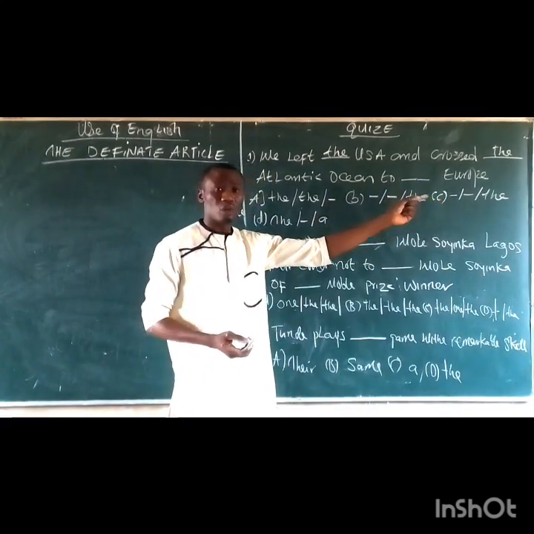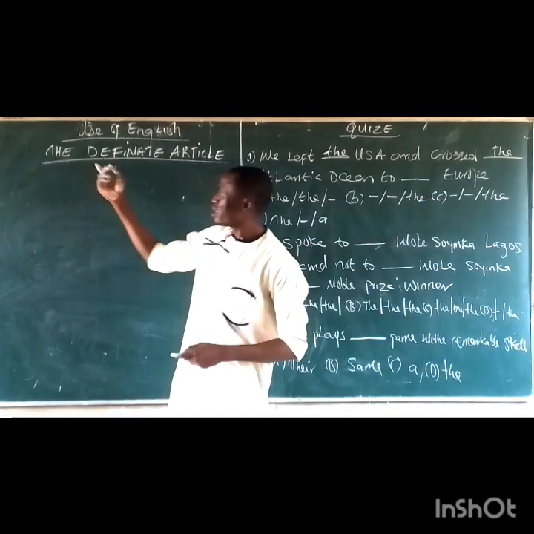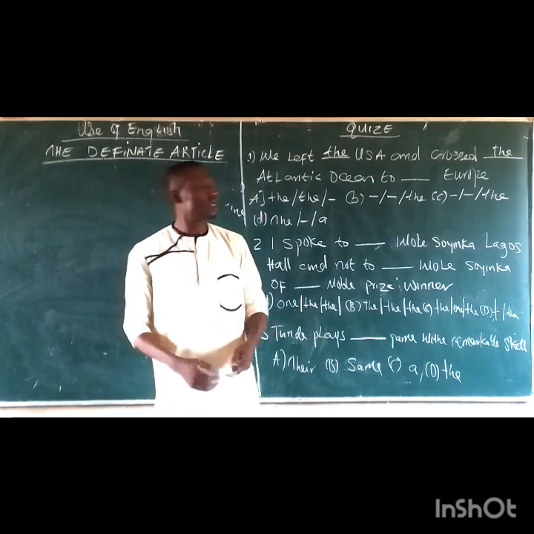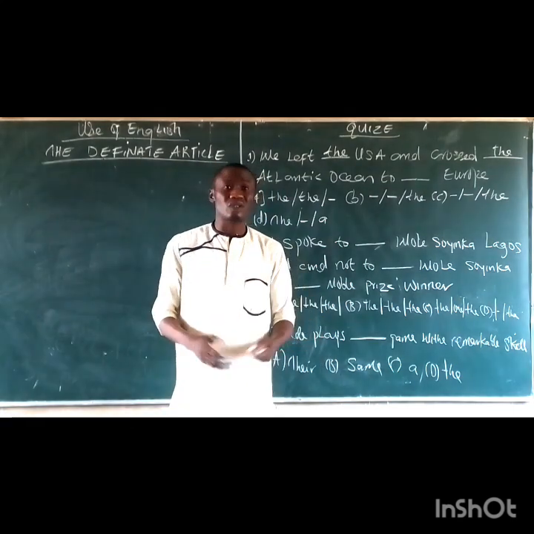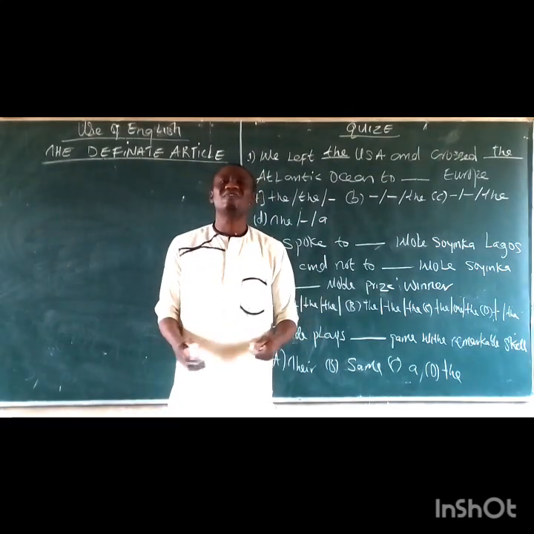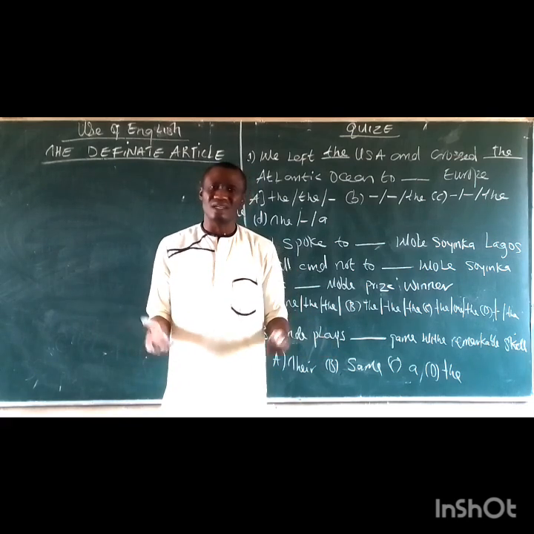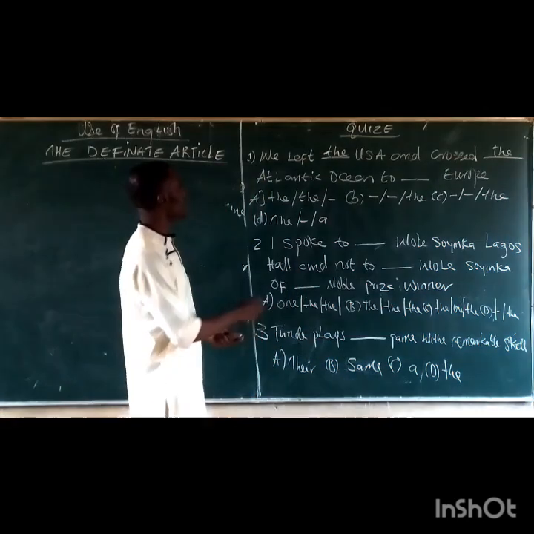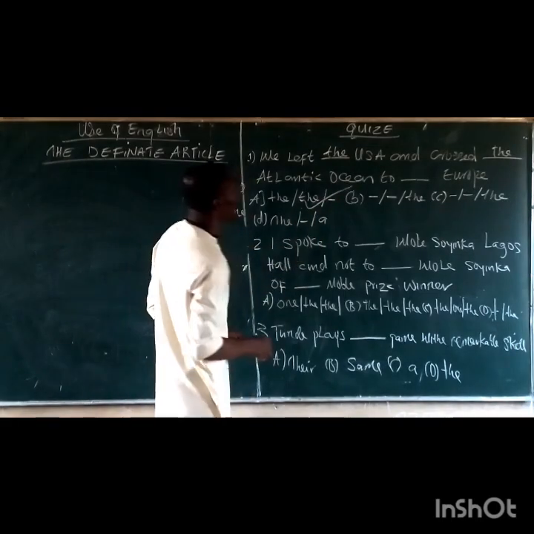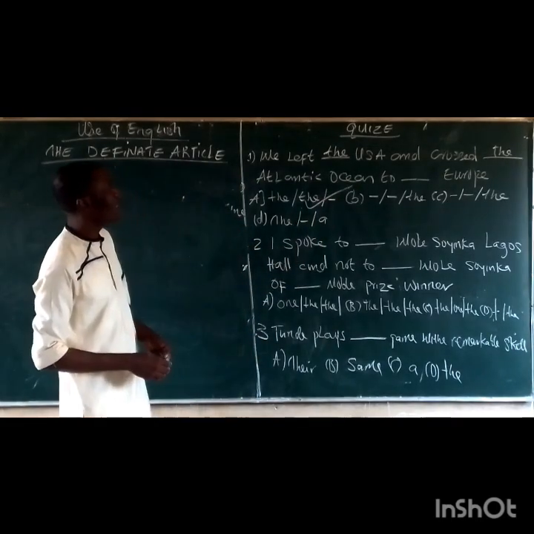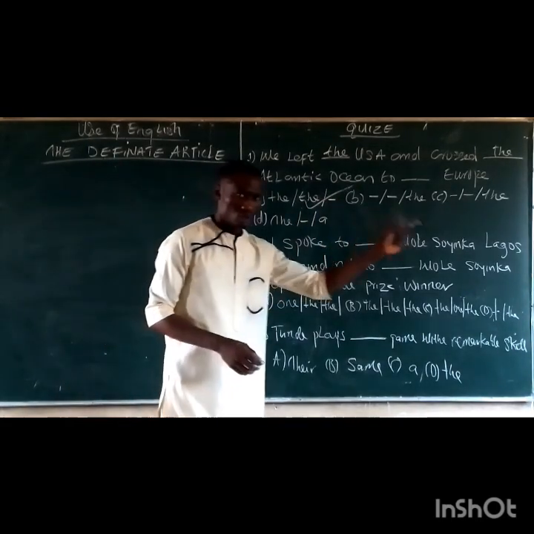If you look at the explanation I gave you on the board, a continent doesn't attract D. You don't have the Africa. You don't have the Europe. You don't have the Asia. That's not possible. So the right answer is we left the US and crossed the Atlantic Ocean to Europe.